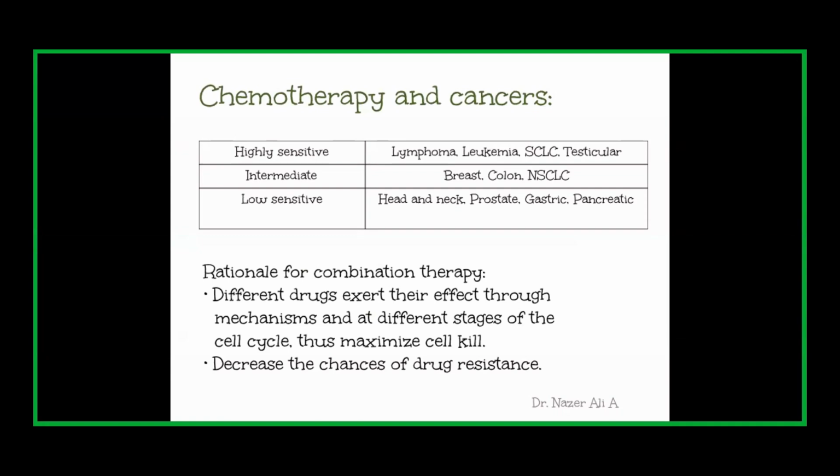Breast, colon and non-small cell lung cancers have intermediate sensitivity. Head and neck, prostate, gastric and pancreatic cancers have low sensitivity. That's why for these cancers there will be concomitant radiotherapy to increase the sensitivity of the cancer cells to the chemotherapeutic agent, especially adjunctive radiotherapy for head and neck cancers.